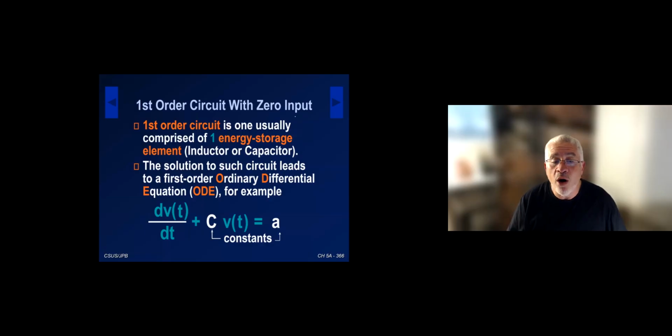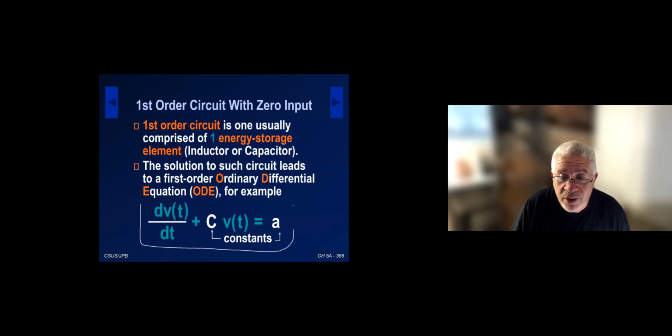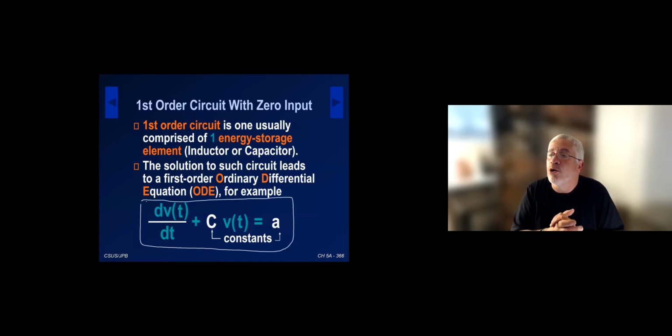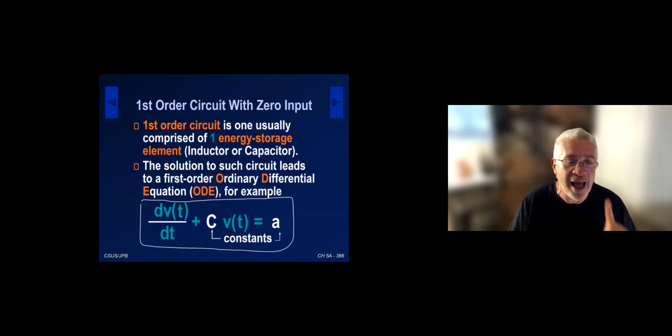For these particular circuits, this is the differential equation that we're going to be solving, a differential equation of the first order. We're going to standardize our differential equations so that the highest derivative, in this case the first order, has a unit coefficient. Let's all agree that we're going to do this.